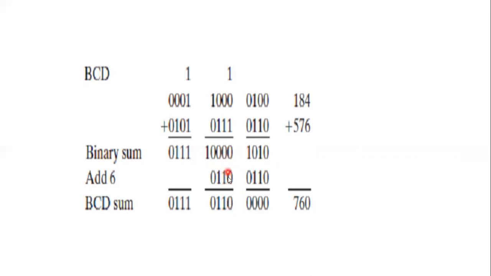Then 1 plus 1 is 0, carry 1, then 1 plus 1 is 0, carry 1, 1 plus 1 is 0, carry 1, then this is 1, it becomes 7. So this is wrong. You perform it like that, you get the answer.